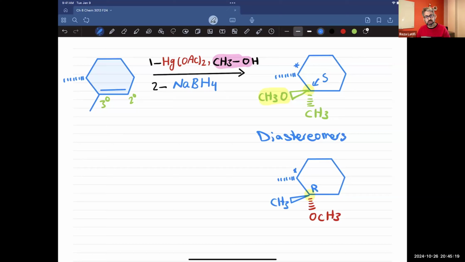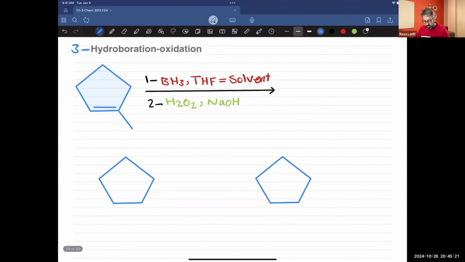And the last thing that I want to cover is hydroboration oxidation. The mechanism is really a sophisticated mechanism. I can present it and go through it, but still we don't know the full detail of the mechanism. But this reaction will give you products that technically go opposite of Markovnikov's rule.